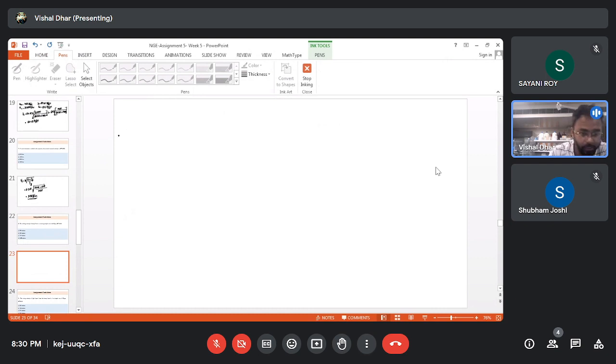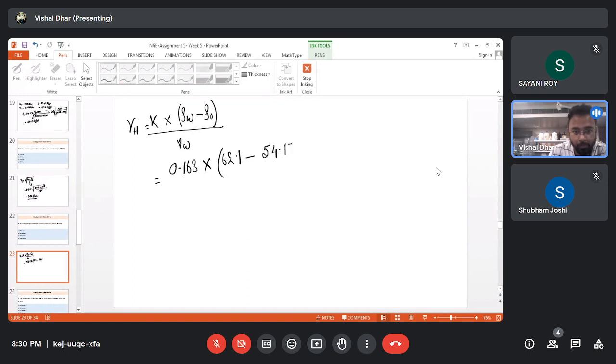So the formula for this is EHK into VW. So it will be 0.163 into (62.1, density of water, minus 54.15) by 0.63.